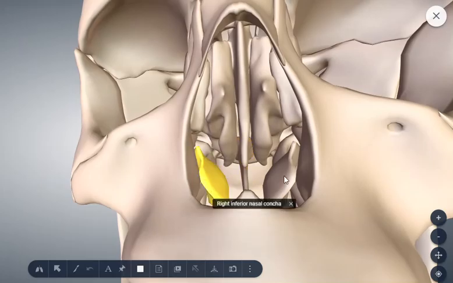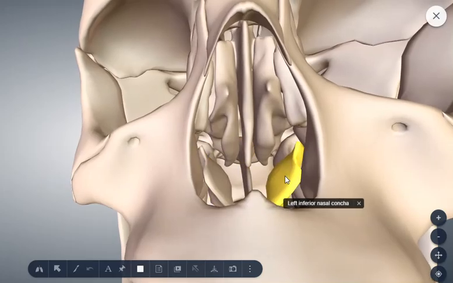Prominently, you will find as well the right and left inferior nasal concha, which are two lateral projections and which do not form part of the ethmoidal bone.